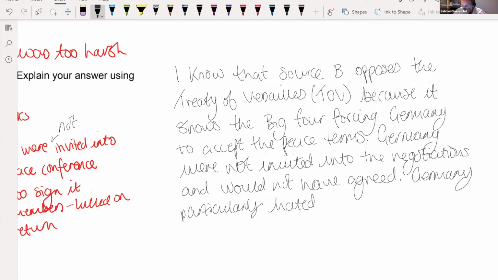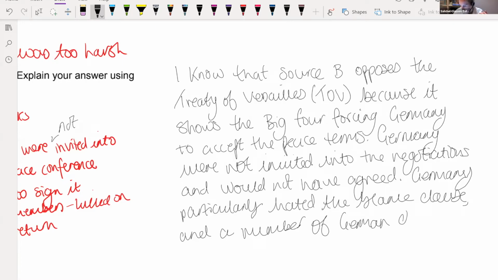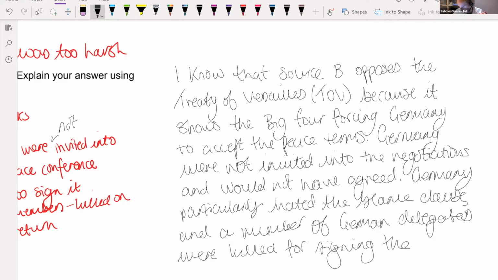So Germany particularly hated the blame clause and a number of German delegates were killed for signing the peace treaty, or the TOV to save time, on their return to Germany.